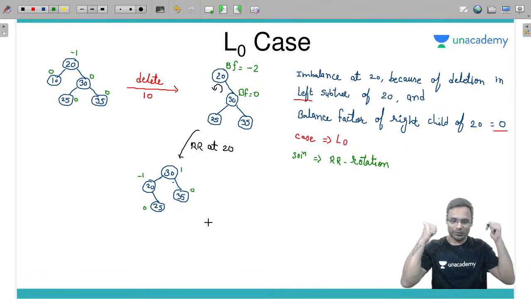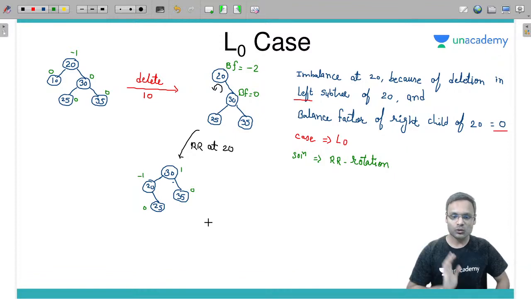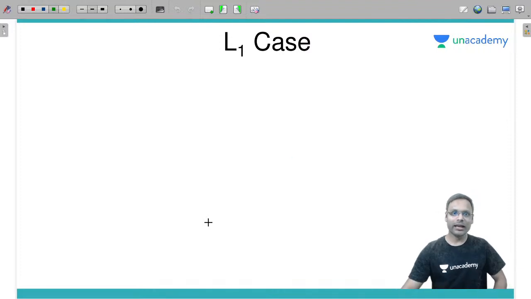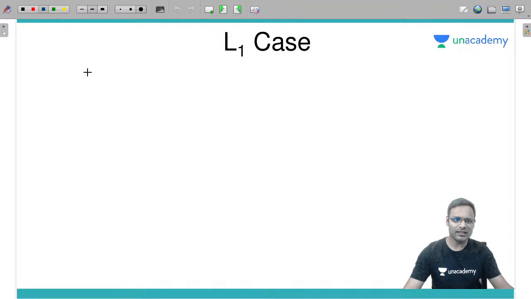L0 case explained and you also understood, I guess. Next one, this one, L1 case. Quickly we will cover the remaining cases. So we have a tree like this. 20, left side 10.